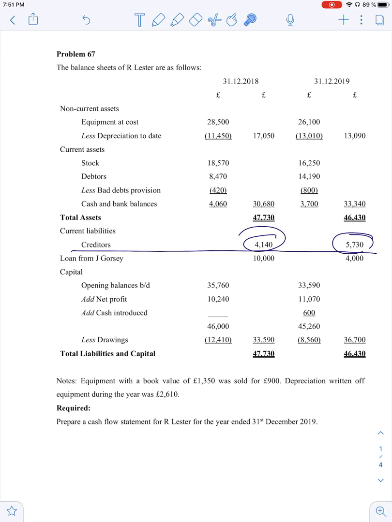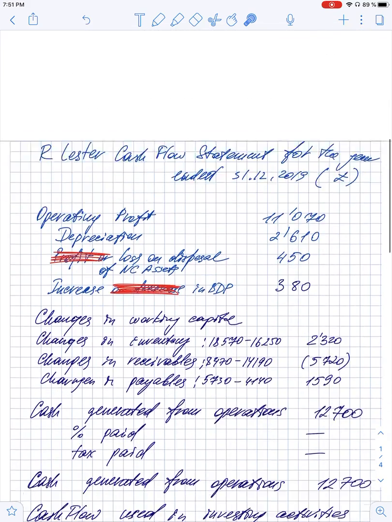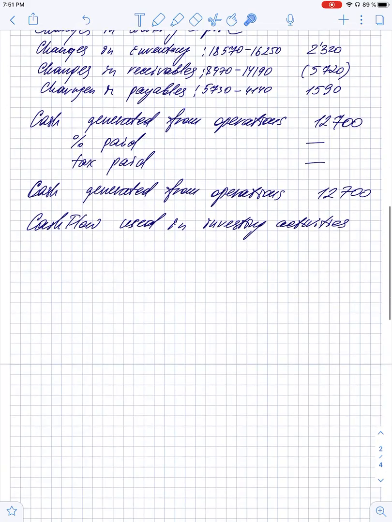And that was the losses we discussed previously. So we have to state that amount as proceeds from fixed asset sale under investing activity. Proceeds from non-current asset sale in the given amount of 900.